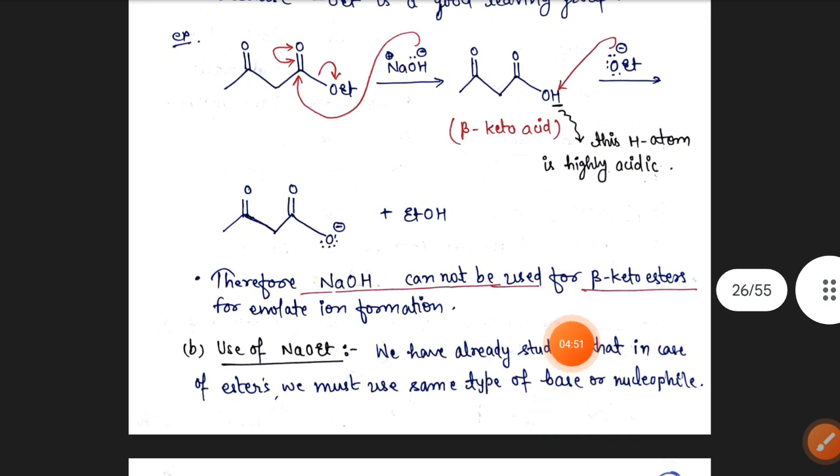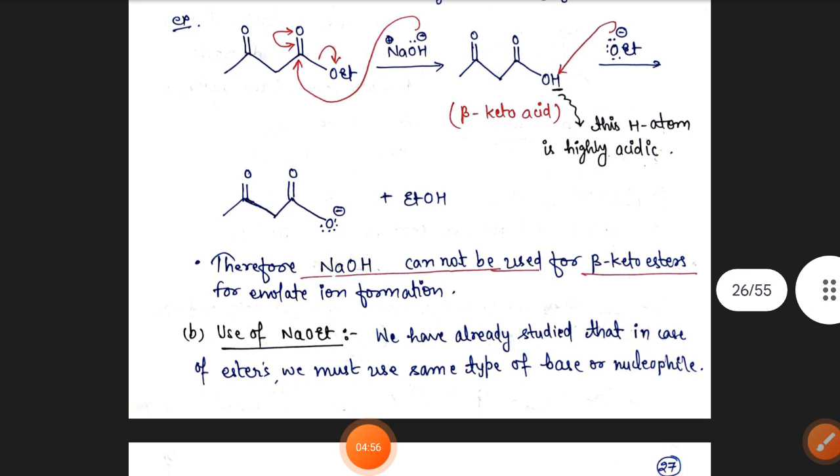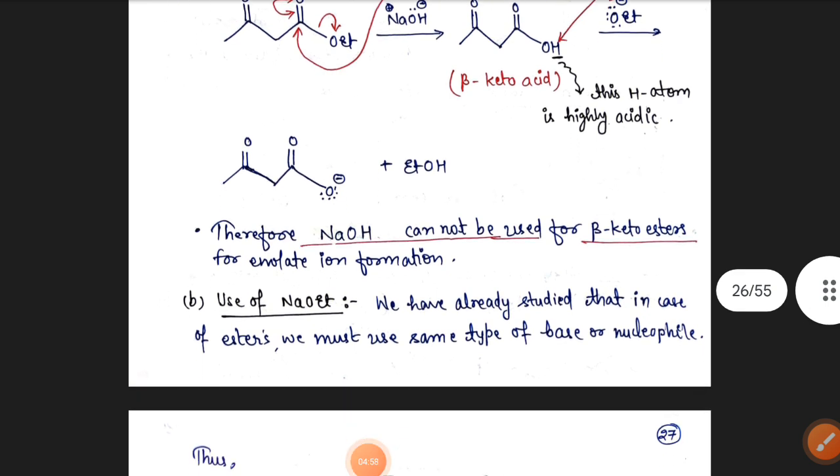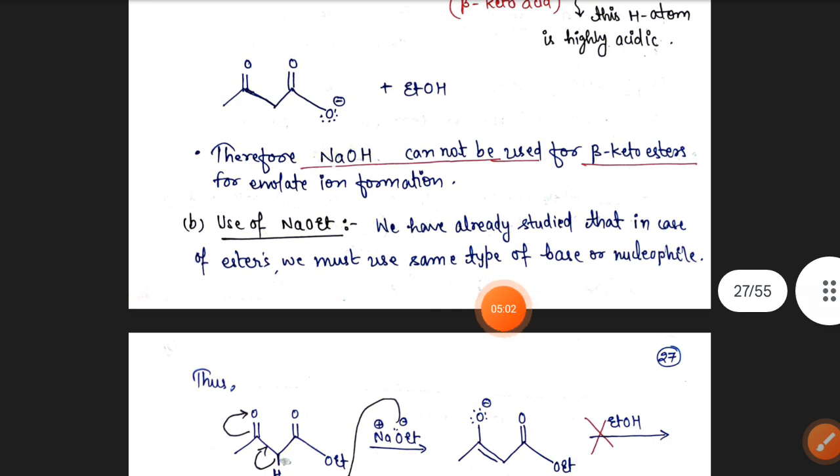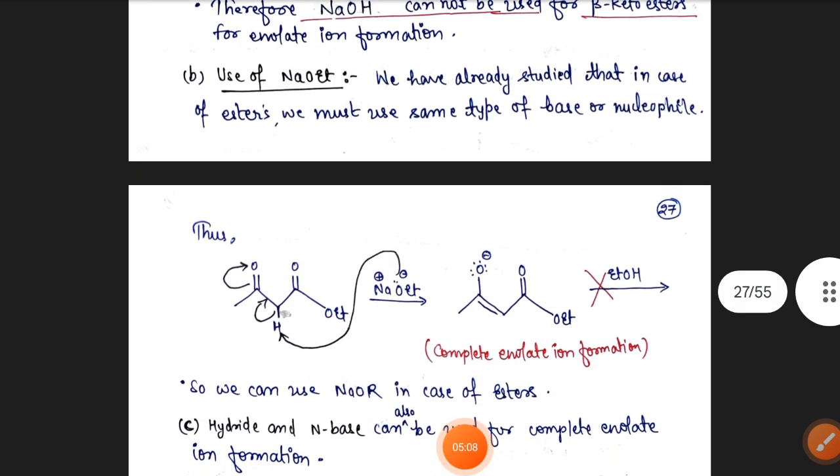Therefore NaOH cannot be used for a beta keto ester for enolate ion formation. Here nucleophilic addition occurs. Next, use of sodium ethoxide. We have already studied that in the case of esters, we must use the same type of base or nucleophile.